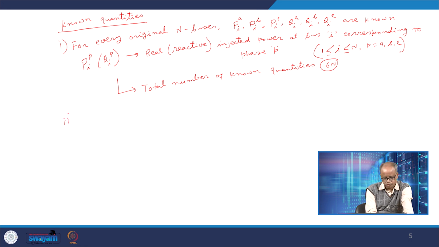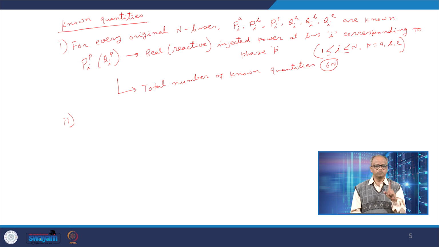What else do I know? For every generator, we should know the injected power, or rather the power generation. However, as we know from load flow analysis, we cannot pre-specify power for each and every generator. At least one generator power we have to keep free to take into account the losses, which we would be able to compute after the load flow analysis.